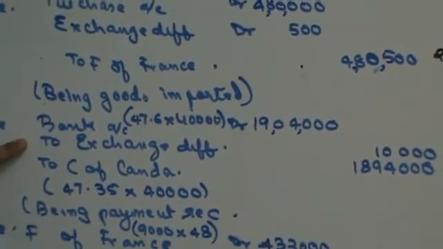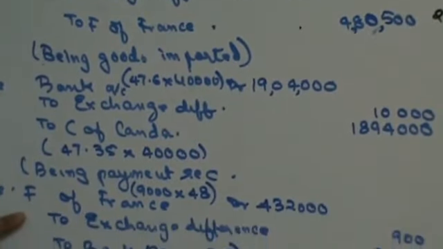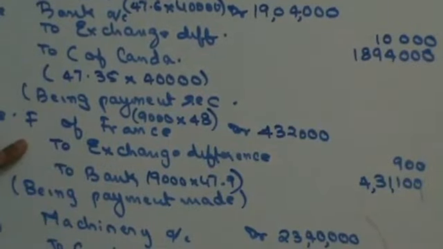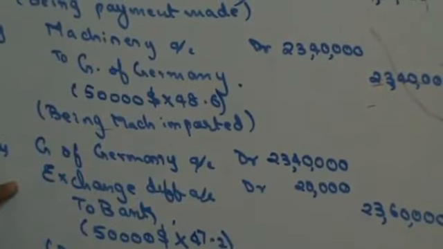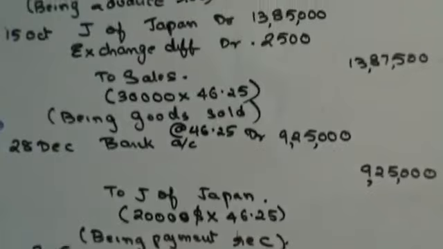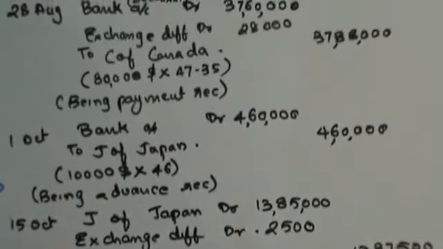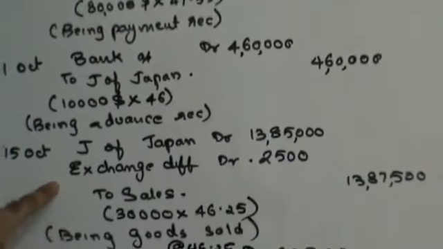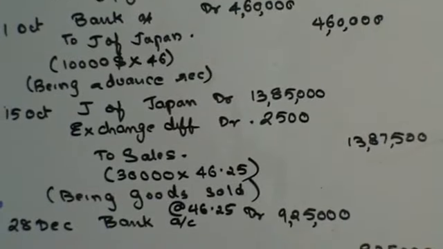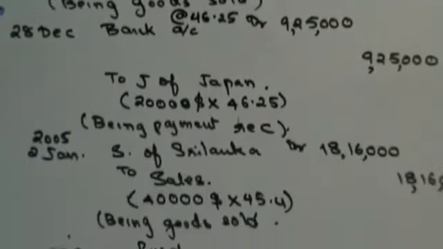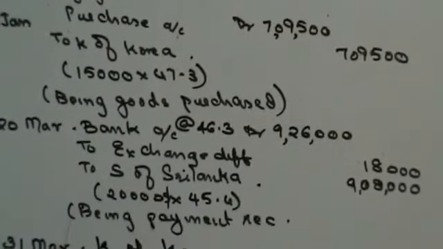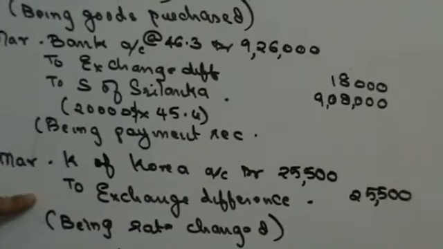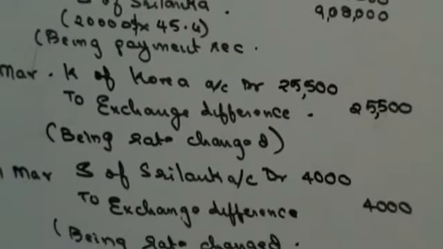Plus 10,000, plus 900, minus 20,000, minus 28,000, minus 2,500, plus 18,000, plus 25,500, plus 4,000.